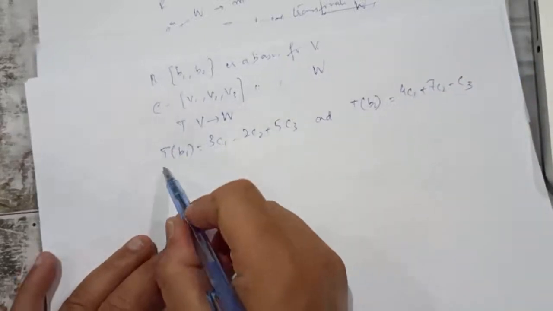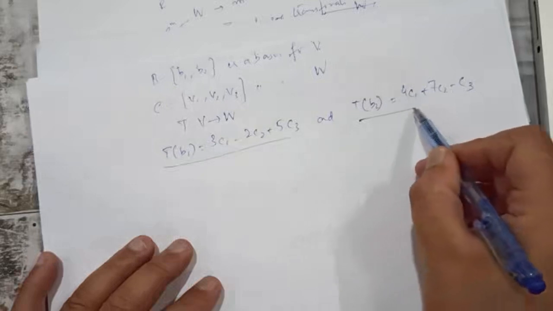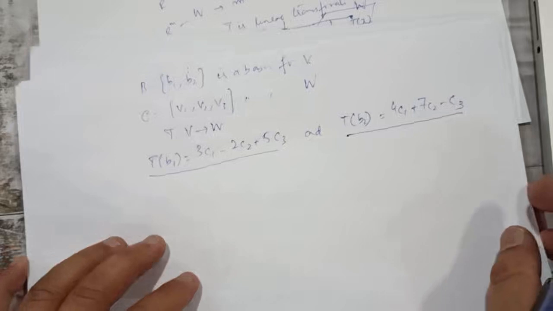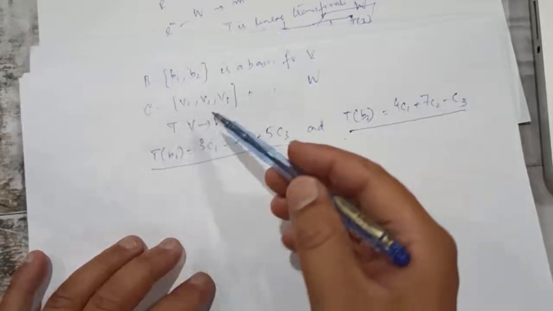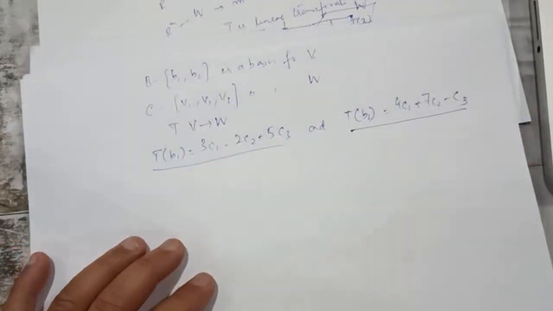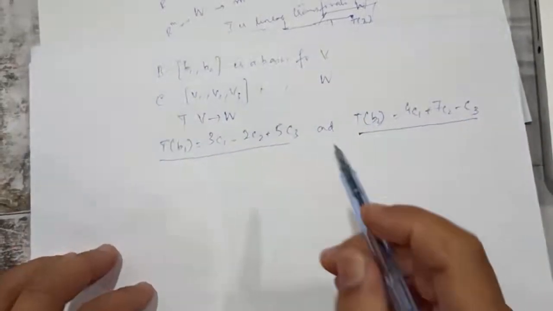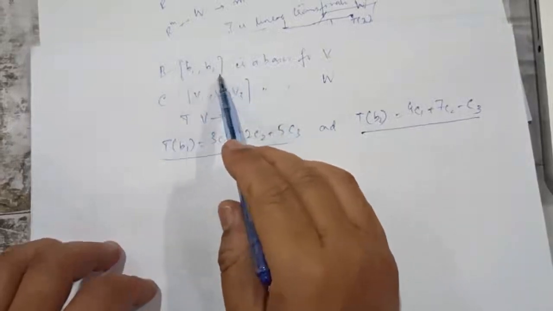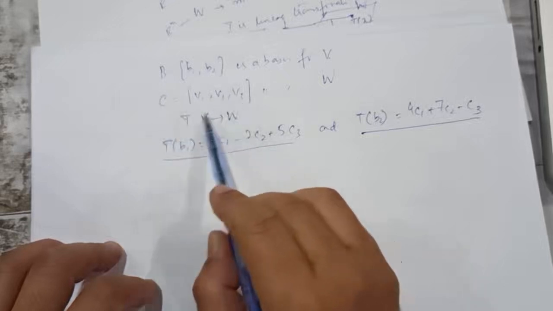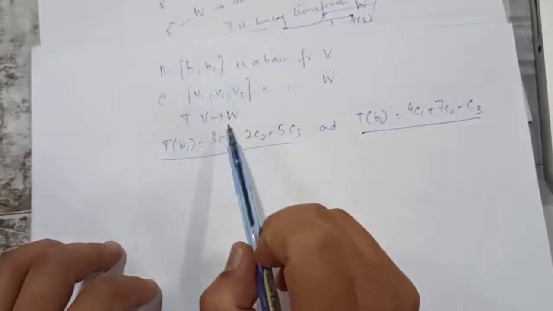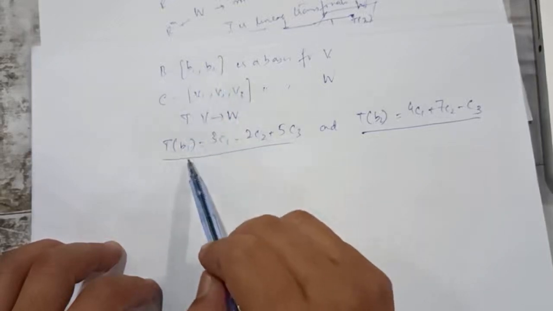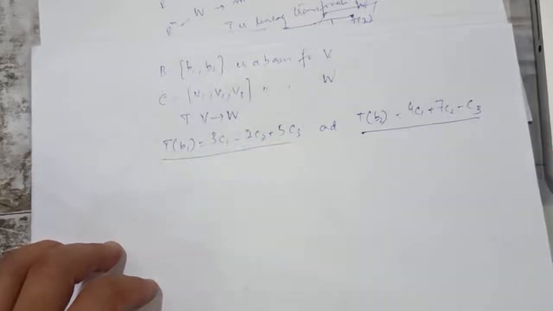We already covered that kind of thing in change of basis, but here luckily we have been given that there are two vectors in B and three vectors in C, and we were also given the transformation of the basis vectors of B in terms of the basis vectors of C.